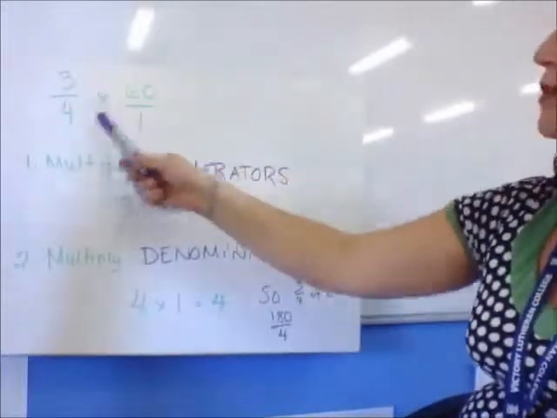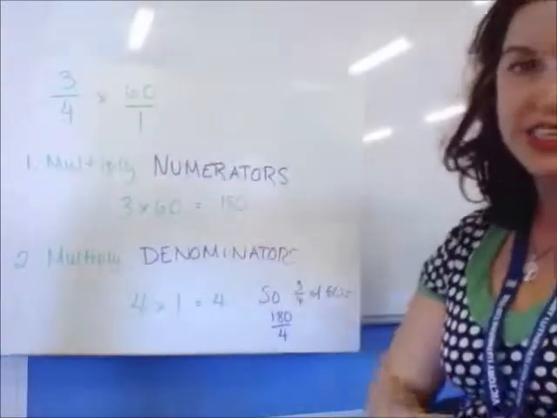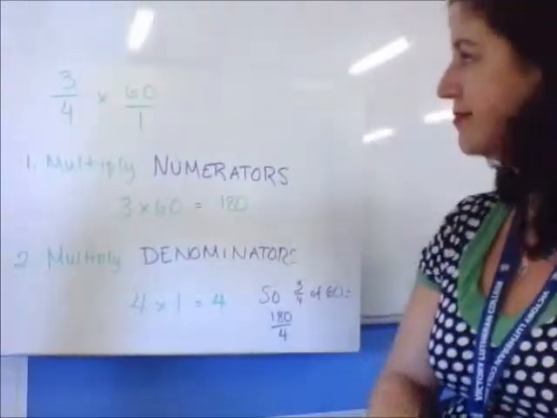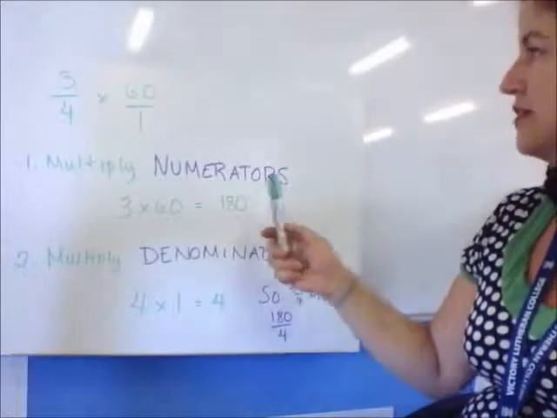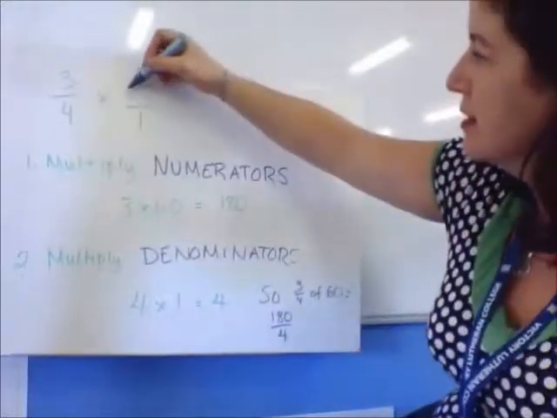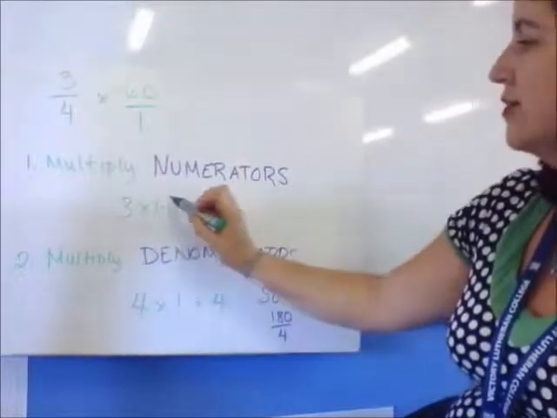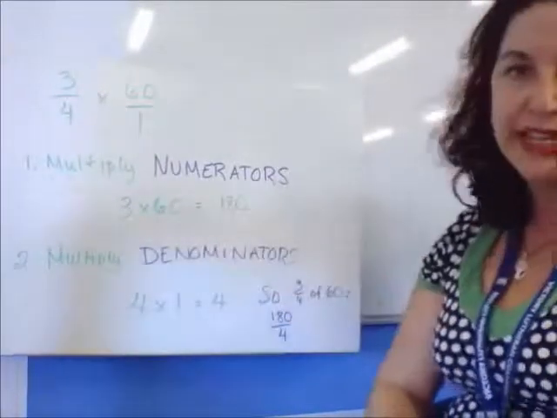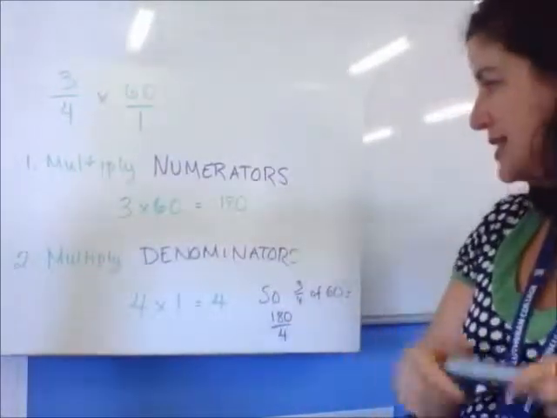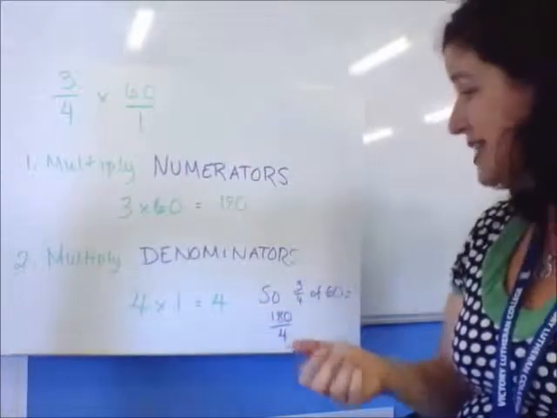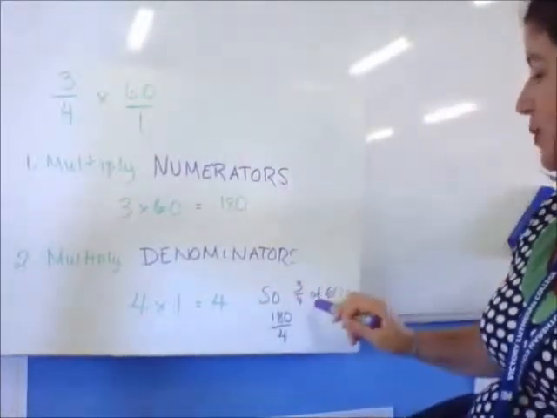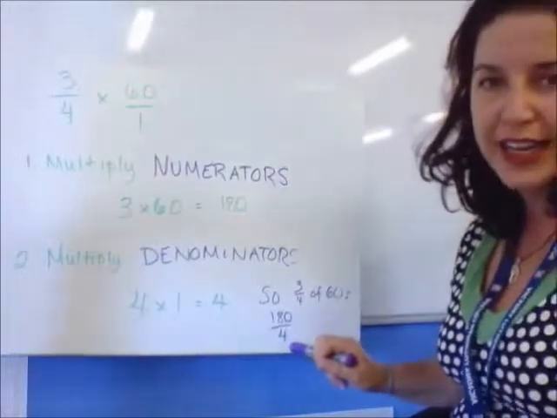We've got 3/4 of 60, and now 60 is over 1. So the first thing you're going to do is multiply the numerators. So 3 times 60 is 180. And then you multiply the denominators, pretty easy. 4 times 1 is 4. So 3/4 of 60 equals 180 over 4.